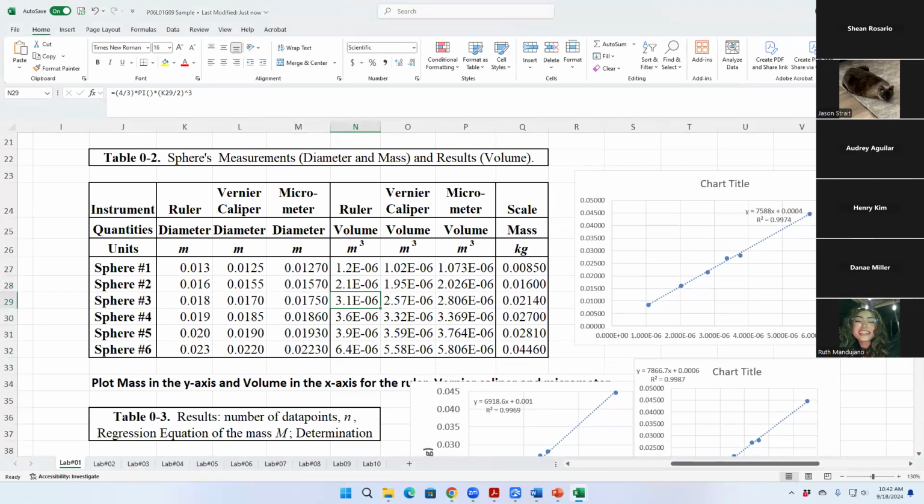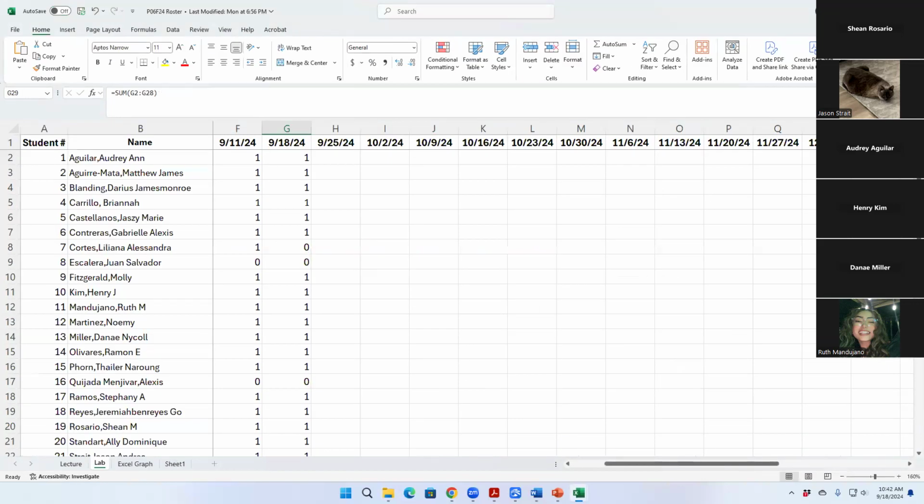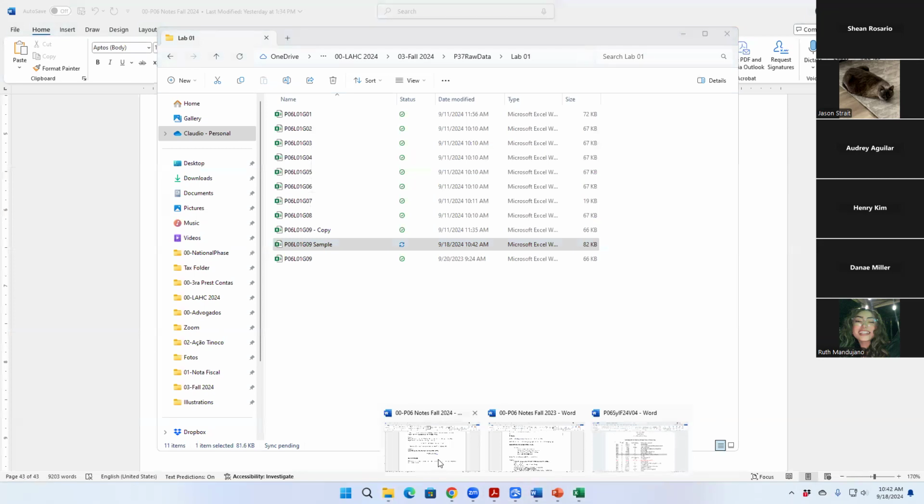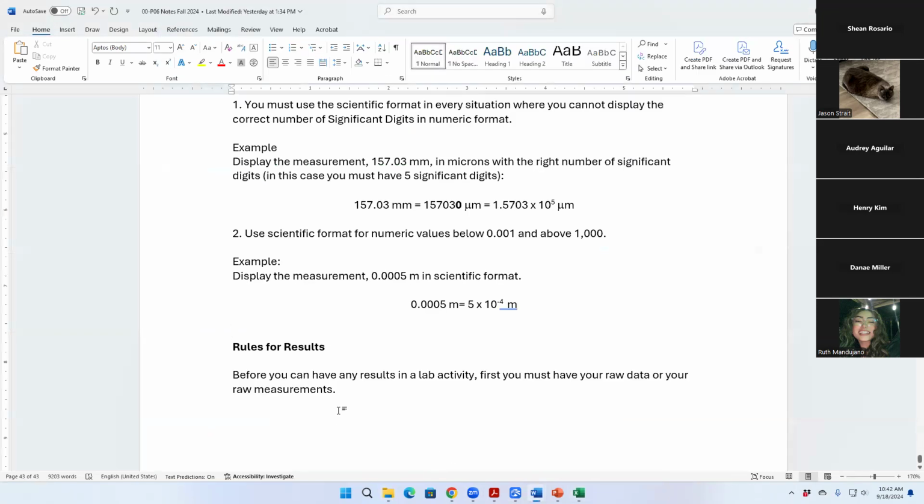How to display a result. Well, in order to display the result with the proper number of significant digits, first you have to know how you got that result.